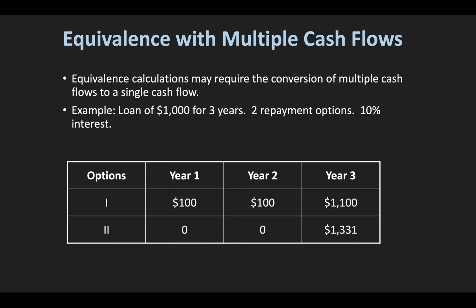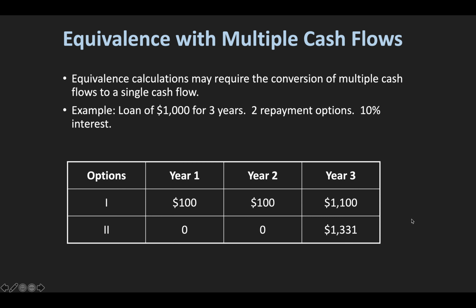Again, we want to answer that question. We need to do the equivalence calculation and compare them at one cash flow. Because in year one, you need to pay more. Year two, you need to pay more. Year three, we are paying less. Which one is better? It's really hard to say. In year one and year two, we are paying $200 more under option one. But in year three, comparing option one and option two, we actually pay $231 more under option two.